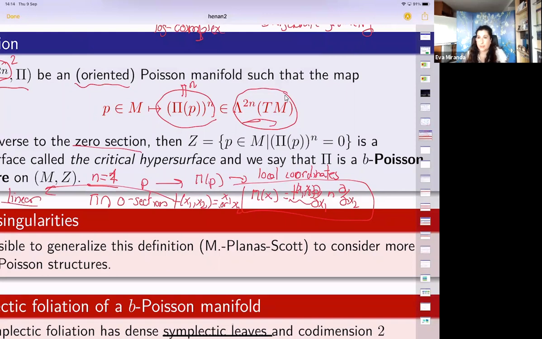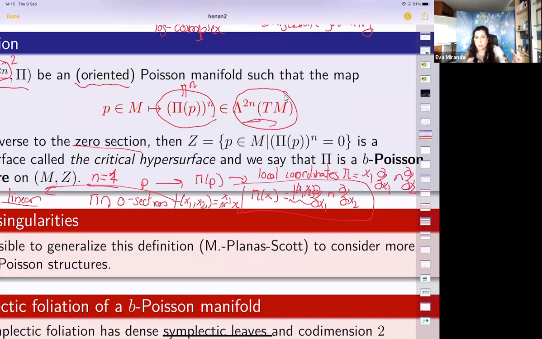And because of the regular value theorem, I can always assume that this function is equal to x1. So if I have a 2-dimensional b-symplectic manifold, locally there exist local coordinates such that pi can be written this way, locally, not globally. So I am proving, just by hand, the Darboux theorem in dimension 2.